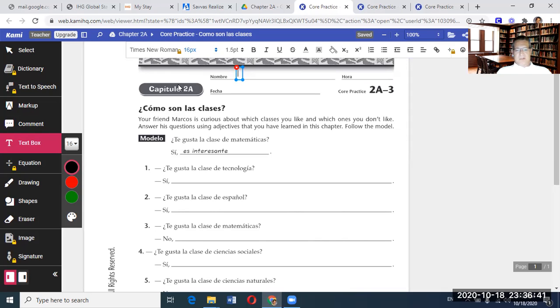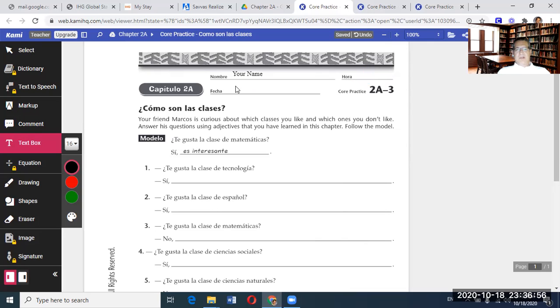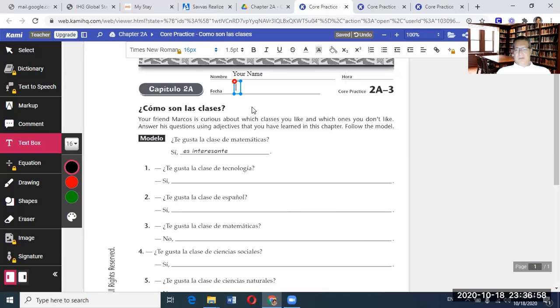Again, we're going to start with your name, and then the period, the date. 19 de octubre del 2020.